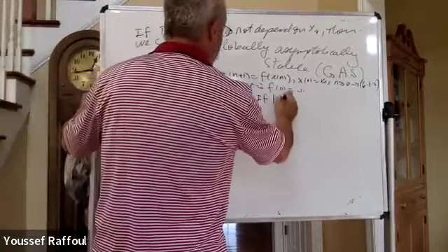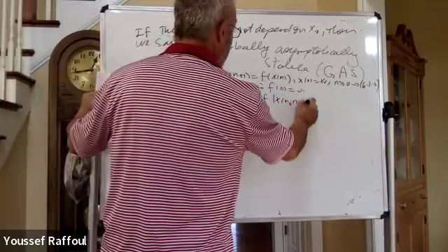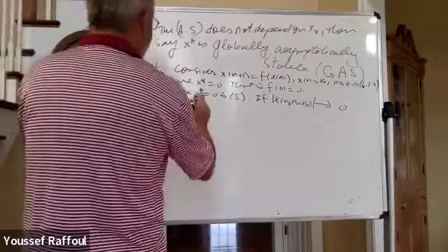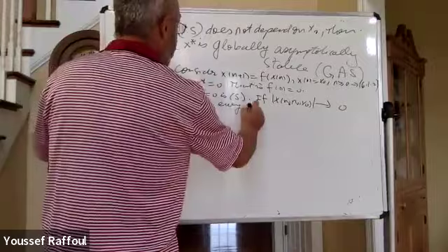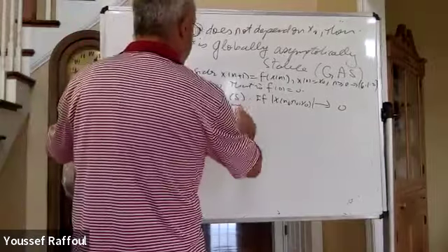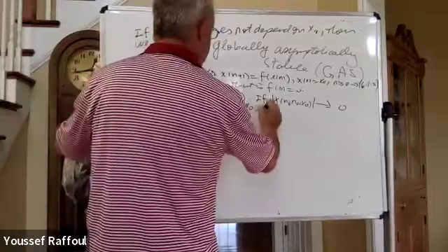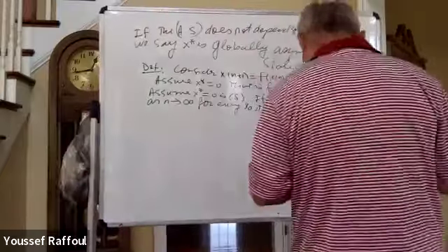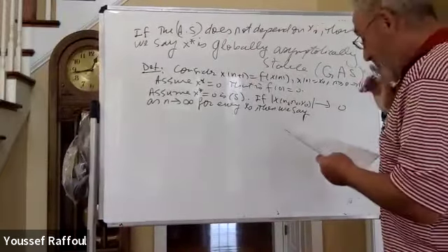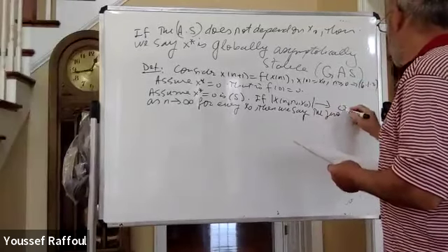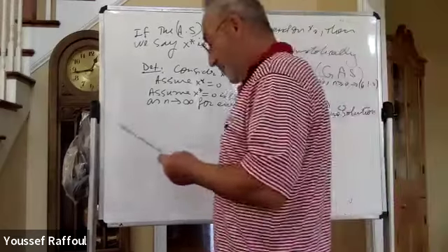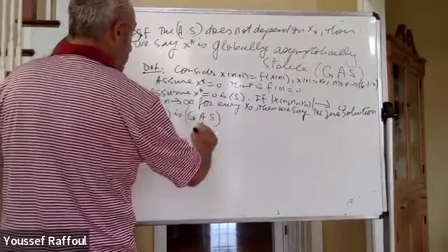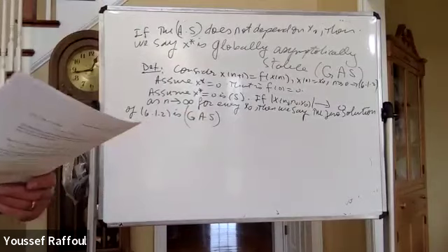If x of n, n0, x0 goes to 0 as n goes to infinity for every n0, for every x0, then we say the 0 solution of 6.12 is globally asymptotically stable. So that is globally asymptotically stable.